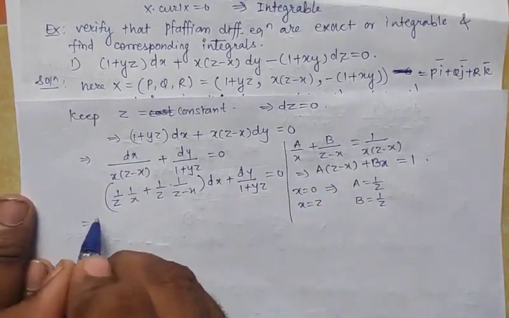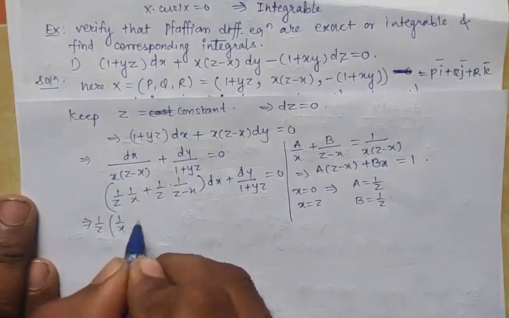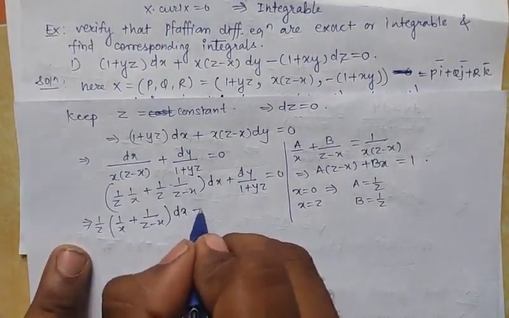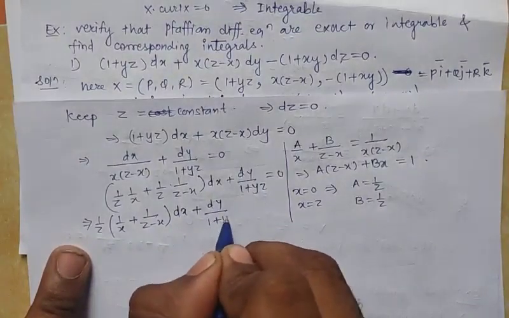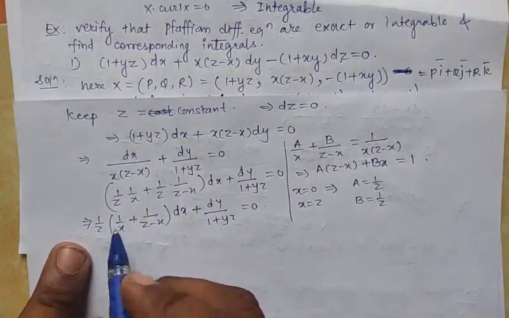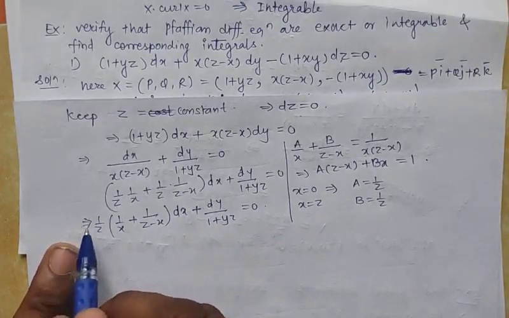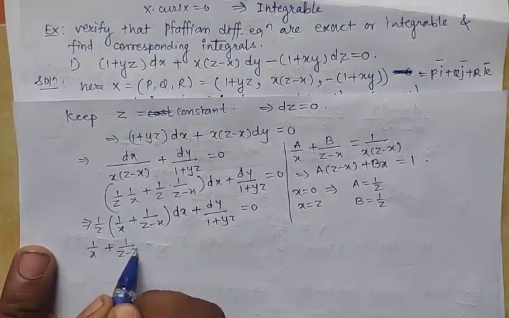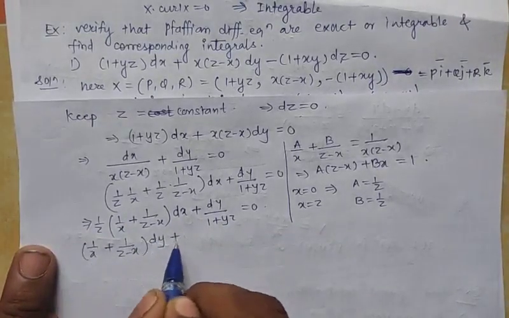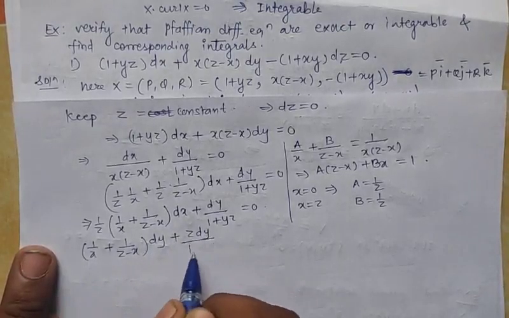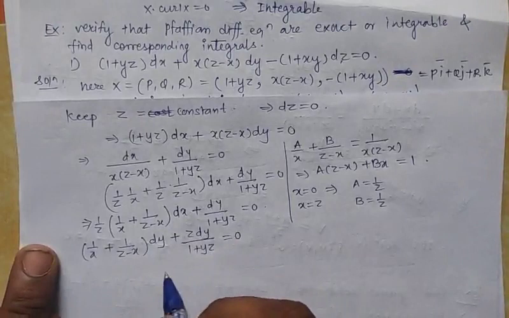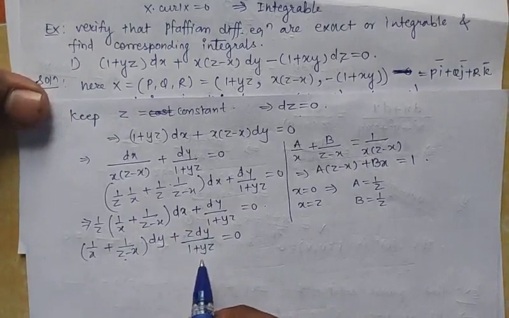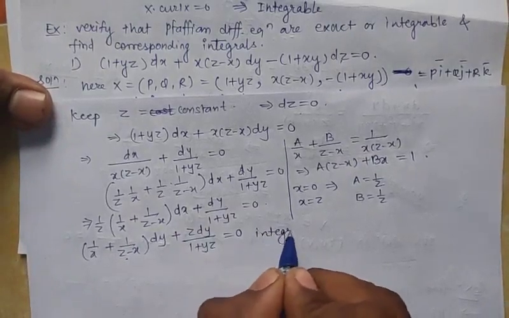Taking z outside: 1 upon z into (1 by x plus 1 upon (z minus x)) dx plus dy upon (1 plus yz) is equal to 0. Now we multiply this z to the other side, we get (1 upon x plus 1 upon (z minus x)) dx plus z dy upon (1 plus yz) equal to 0. So this is variable separable form, and here z is constant. Therefore, after integrating, what will we get?